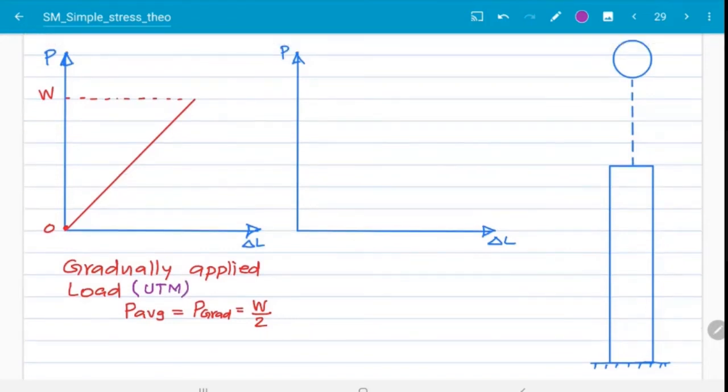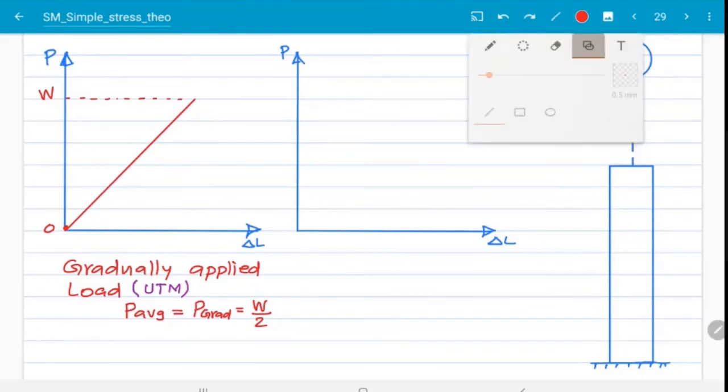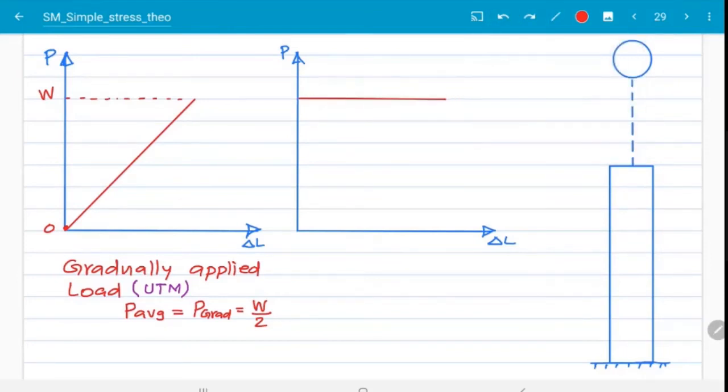Next. So this is a table. We are going to keep 100 Newton weight just on the table directly. So it means we are not applying the load gradually. All the full load is applied in a fraction of a second. So what will be the loading curve? This is the loading curve.